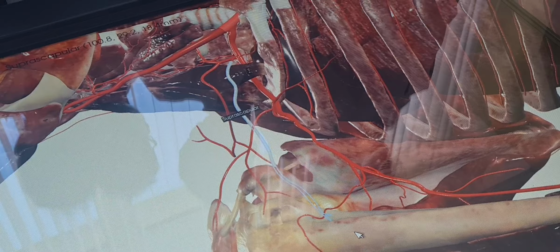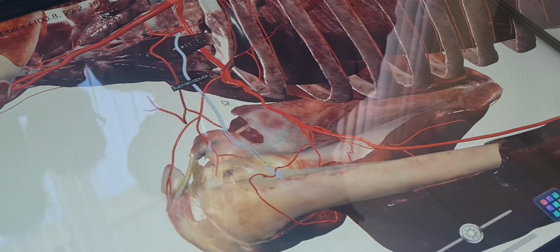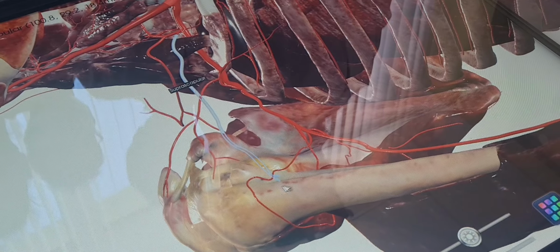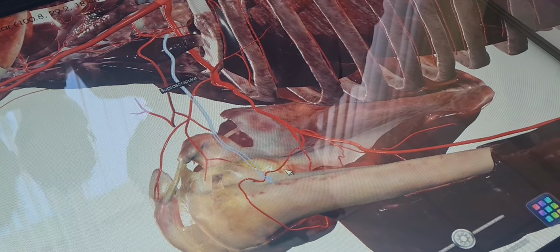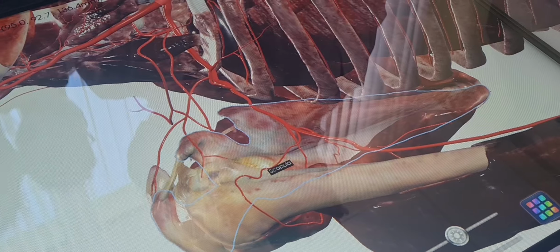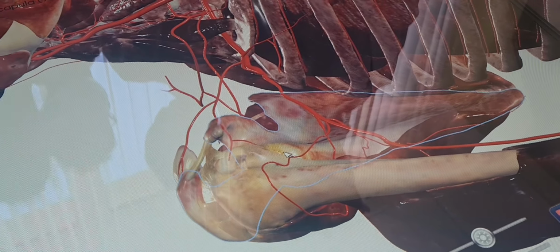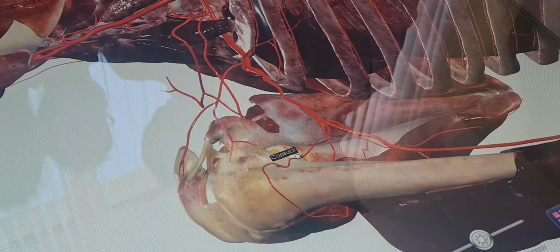And now we try to see the anastomosis between circumflexa scapulae and arteria suprascapularis. I want to remove some muscles.